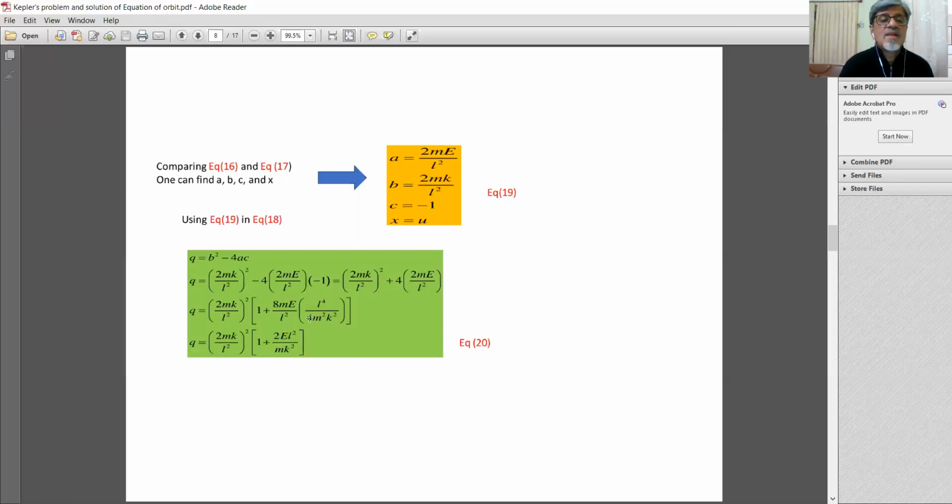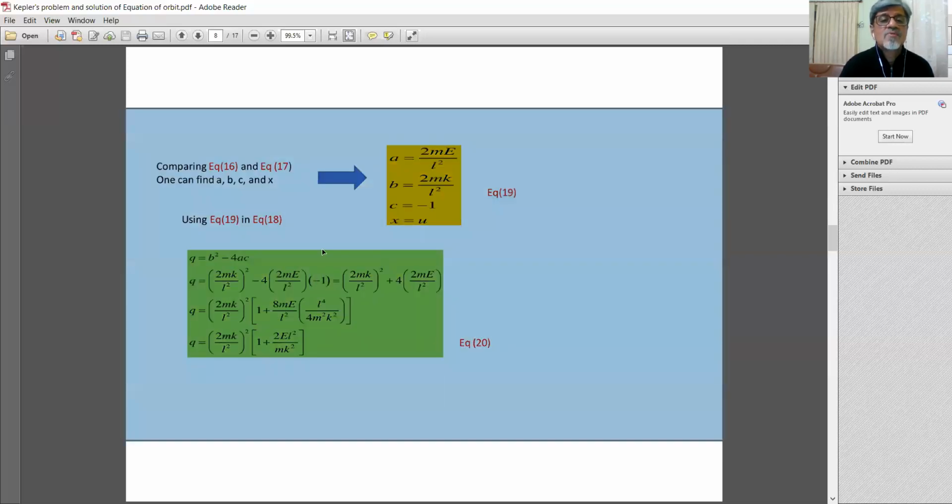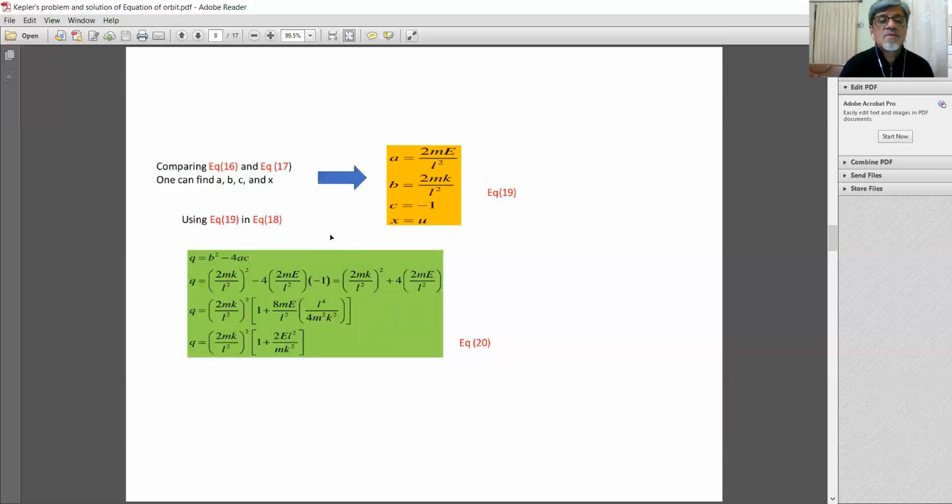And we know the value of b square, we know the value of a and c, and just putting the values and simplifying the equation, we come to that q is equal to 2mk by L square whole raised to square, in another bracket 1 plus 2el square divided by mk square. The simplification is shown over here. So this is equation number 20.